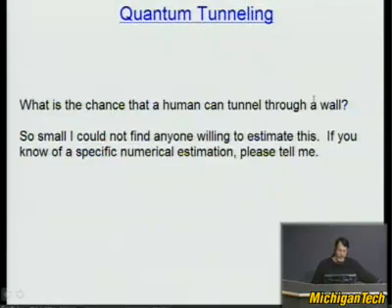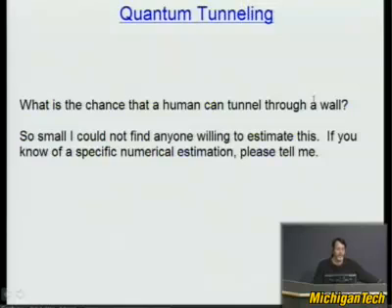One thing I looked for, I thought someone might have done this calculation, but I was sadly ineffective in finding it on the web. I found a lot of people who estimated it would be really small, or who said that we shouldn't even try to estimate it since it's so small. What are the chances of a human tunneling through a wall? Theoretically, if you were to run at that wall near you, and you know which one I'm talking about, you might be able to get through to the other side, just maybe.